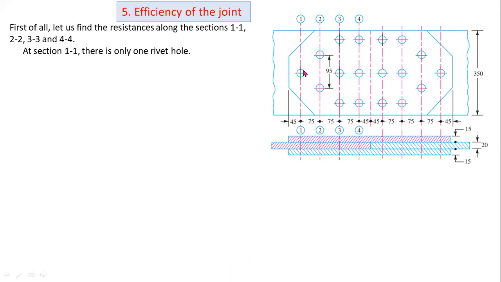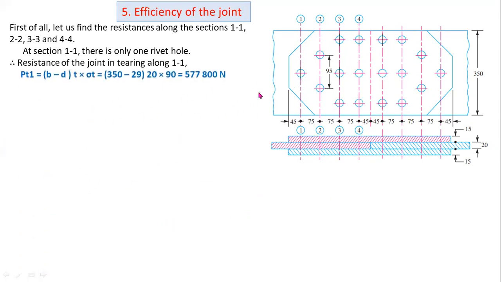At section 1-1, or in the first row, there is only one rivet hole. So the tearing strength for a single rivet, PT1 equal to (B minus d) into t into sigma t. PT1 means the tearing strength in the first row.